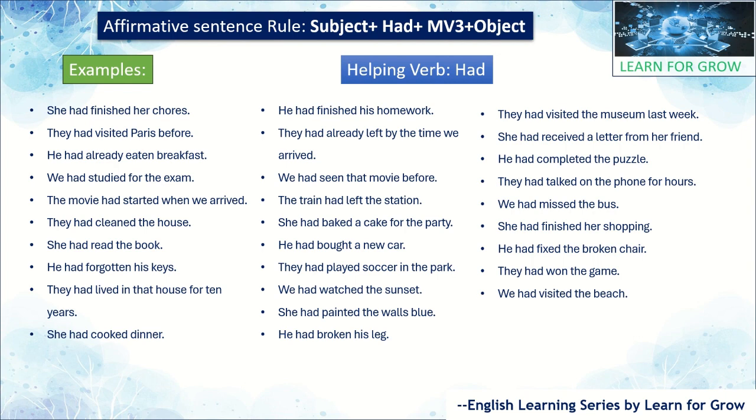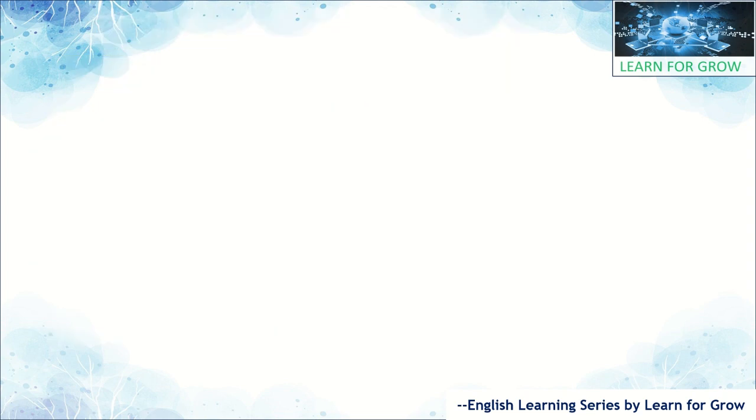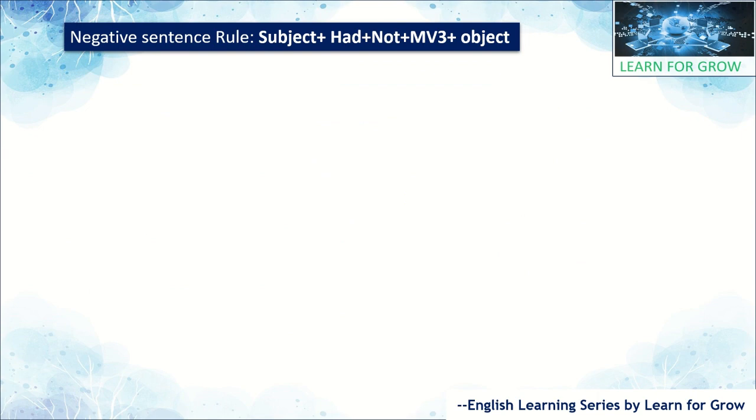Here the helping verb is had and the main verb form is the third form. I hope you understood the affirmative sentence rule. Let's get into the next one, that is the negative sentence rule.